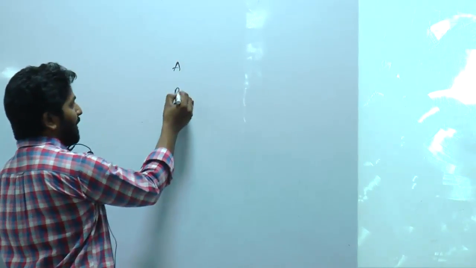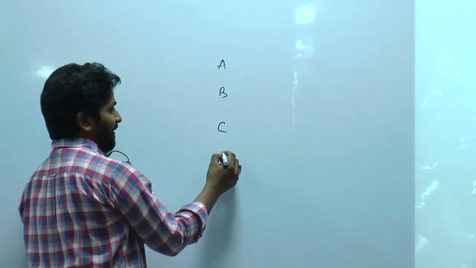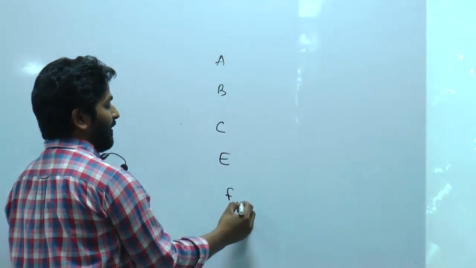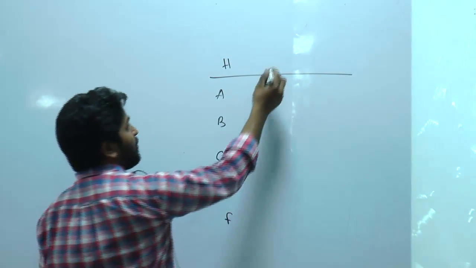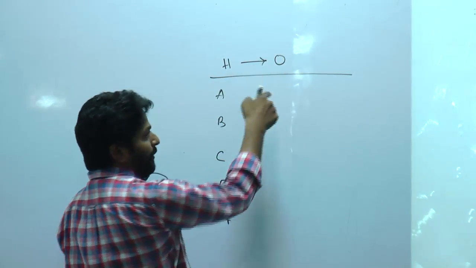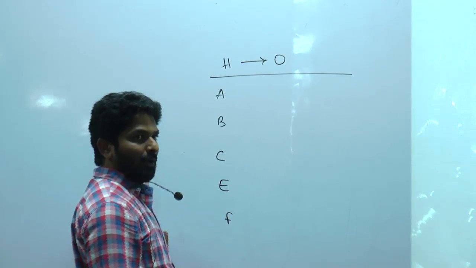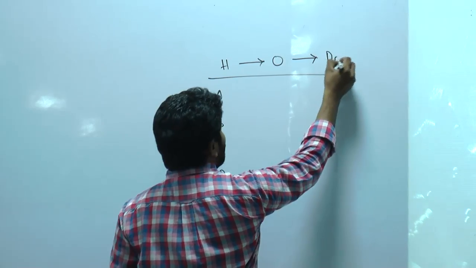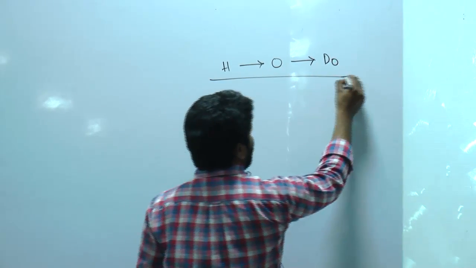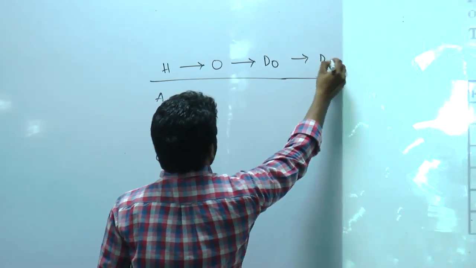A, B, C, E, F: from house to respective office, from their office to D's office, from D's office to D's house.